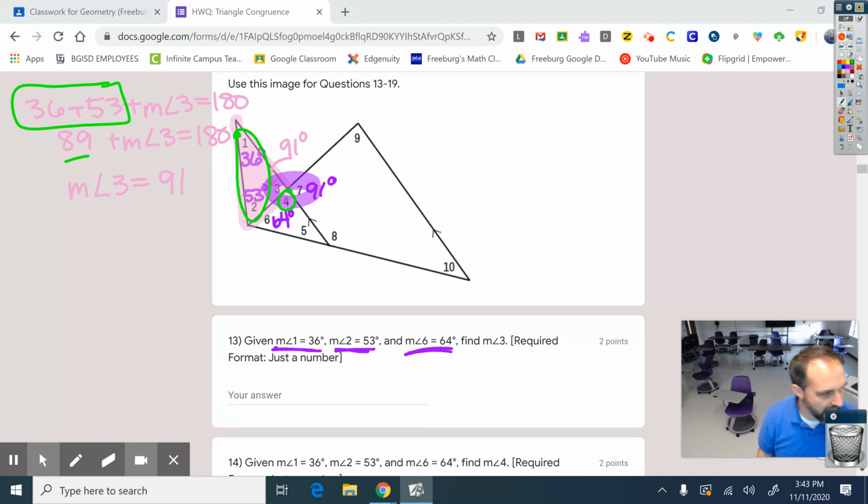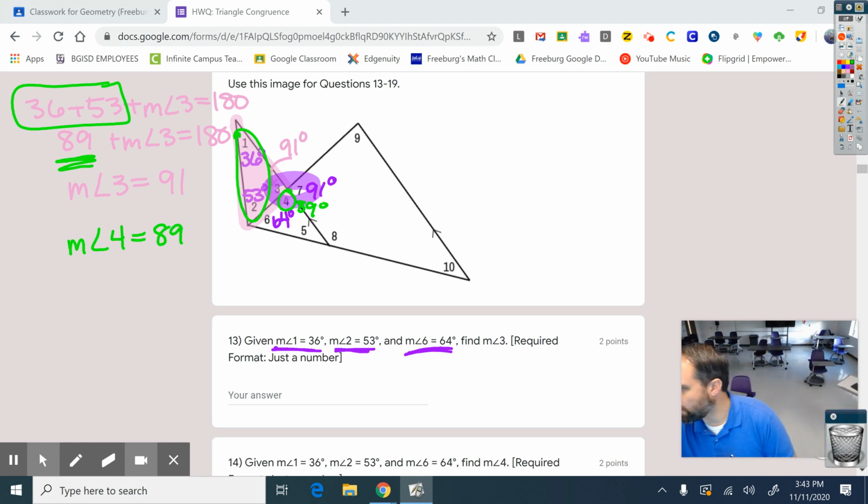And so we know that 89 is our angle 4. So angle 4 is 89 degrees. And we saw that this was also equal to angle 7.